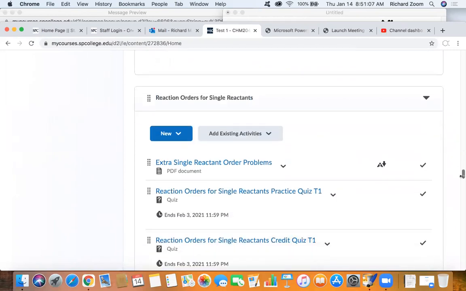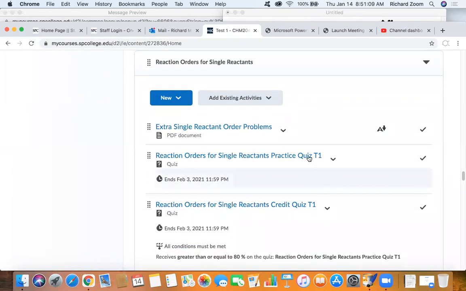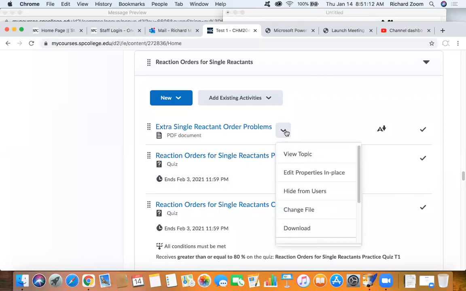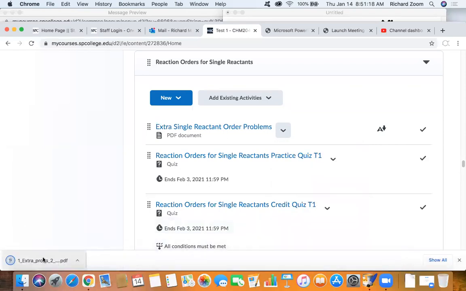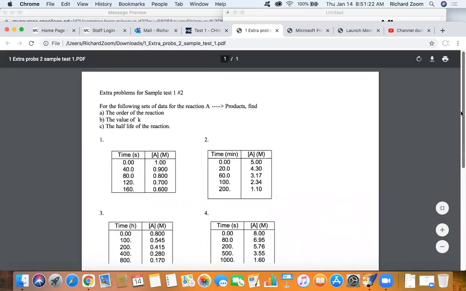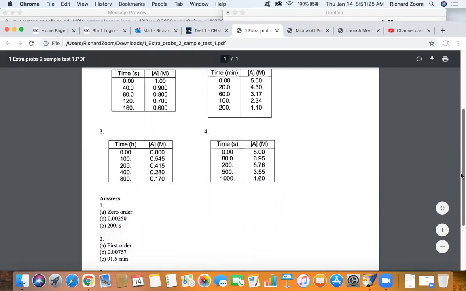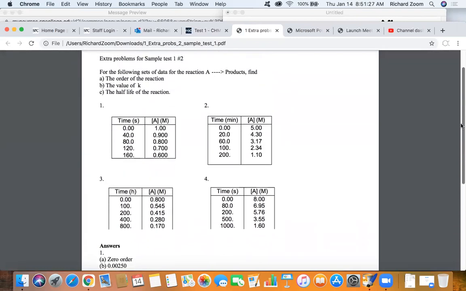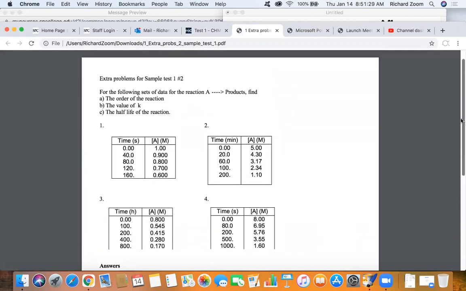Reaction orders, here we go. I actually have some more single reactant order problems. And this is them here. And I've got answers for these as well. So you can actually use these for practice before you actually do anything.